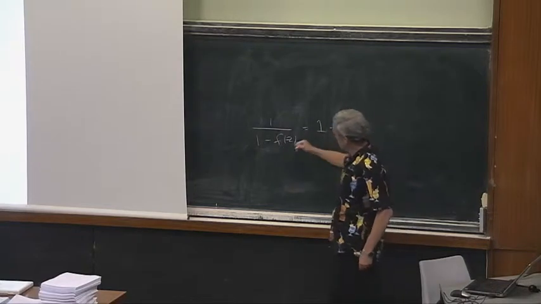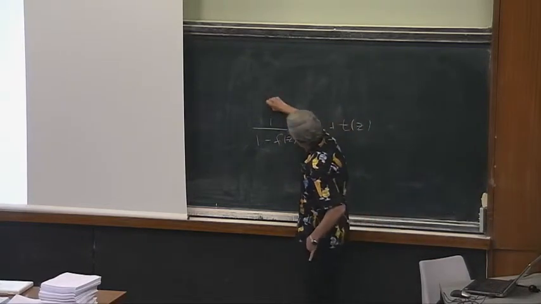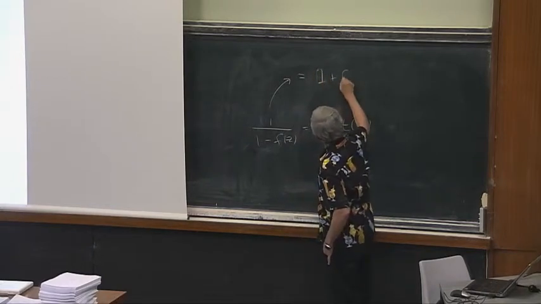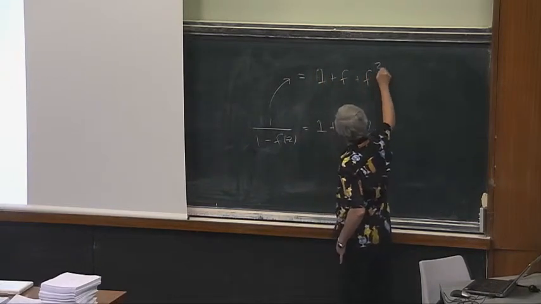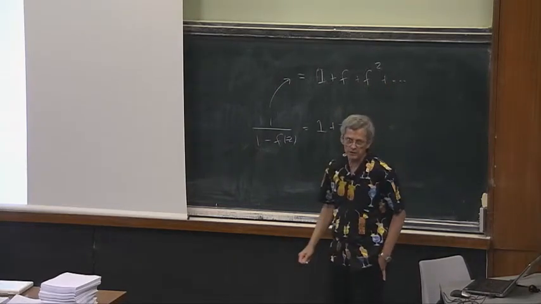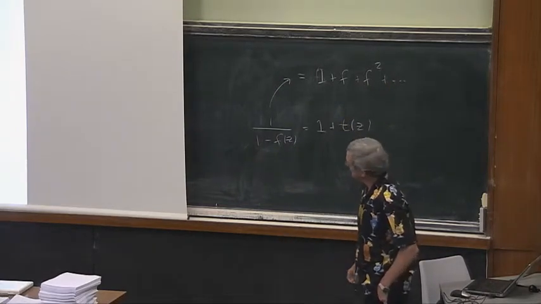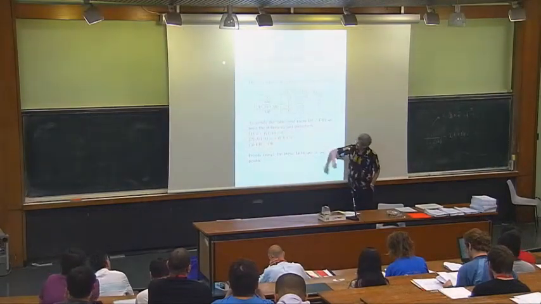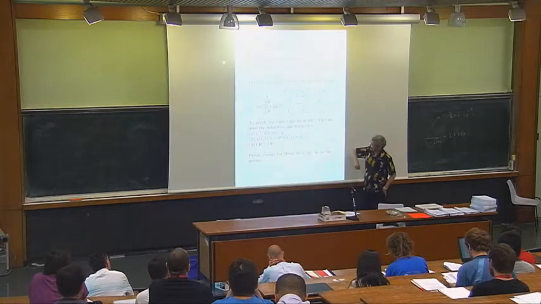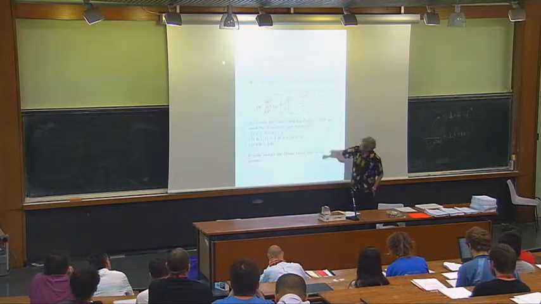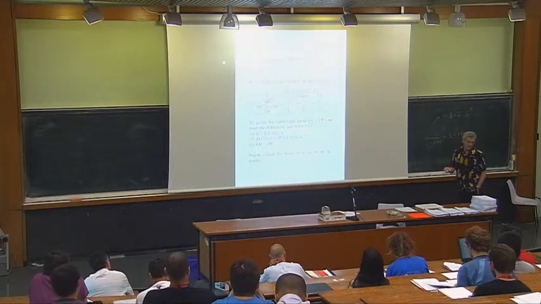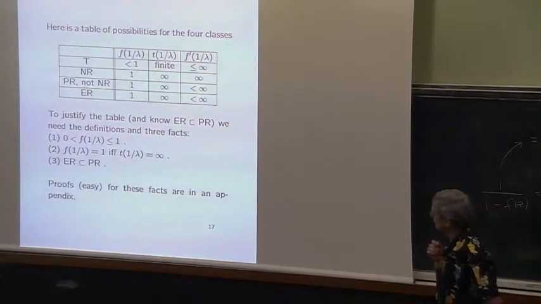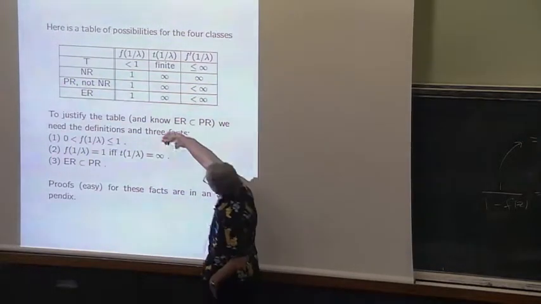On the other hand, if f of z equals 1, and we think about what this means, well, clearly that will diverge, and the right side will diverge. Okay, so given the first fact, it's easy to see that the second fact holds. And now we understand what this first column is, because the definition of tangent is that t of 1 over lambda is finite. Okay, so that explains the first column.